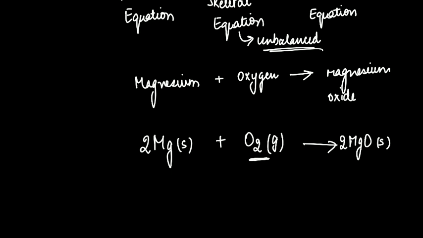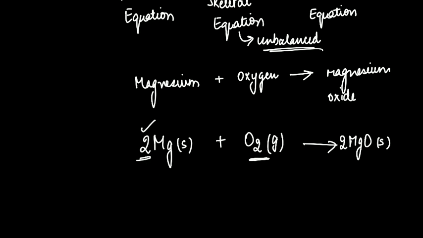Now, this is very much okay when we are talking about practical terms. But on theoretical grounds, if we say the stoichiometric coefficient, we don't want this magnesium to be 2 atoms. We just want it as 1 mole.